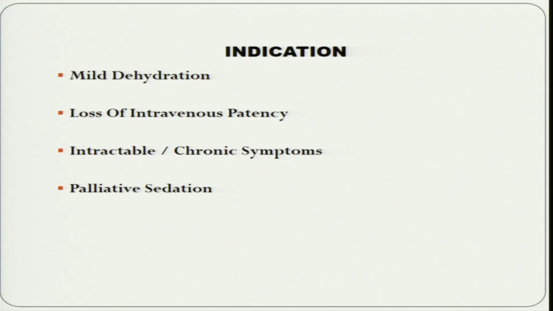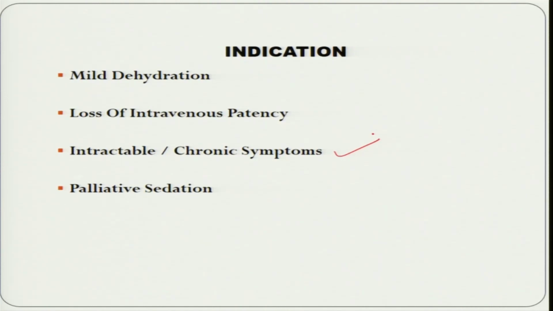When is the subcutaneous route preferred? When the patient has got mild dehydration and no intravenous access is possible, all veins are either thrombosed or used up or collapsed, in that case you can use subcutaneous route. Intractable chronic symptoms will require frequent injection of the drug, so subcutaneous route is preferred.